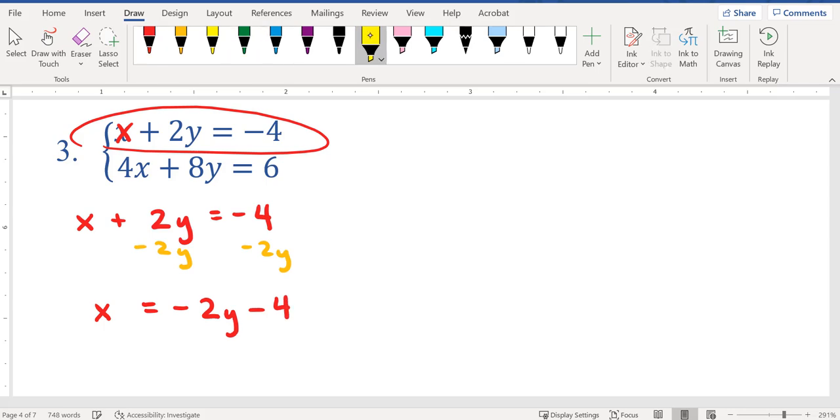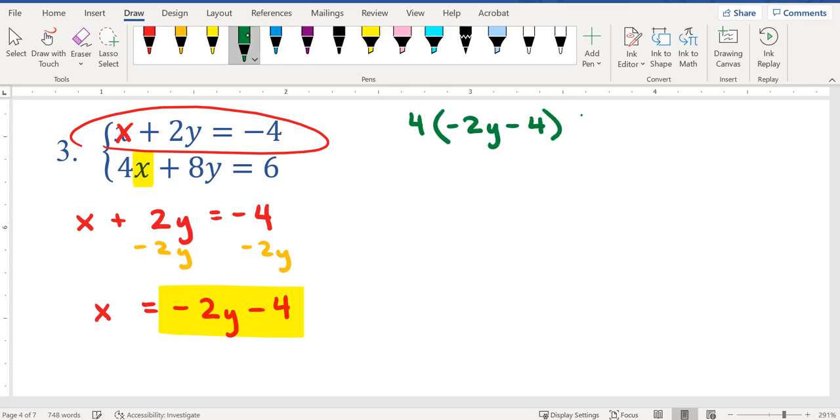Now I'm going to plug that in to the second equation for x. Instead of writing 4x, I'm going to write 4 times the quantity negative 2y minus 4. So 4 times negative 2y minus 4 plus 8y equals 6.